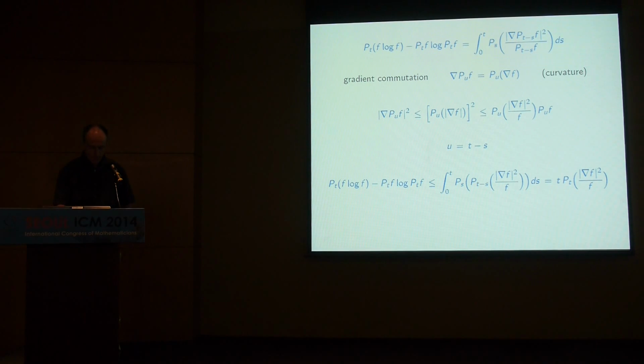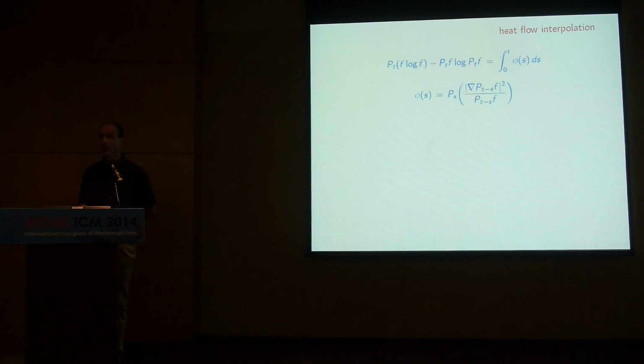Now let us take a slightly different look at this proof. We start from the heat flow interpolation. Let us denote by phi this Fisher information along the semigroup.